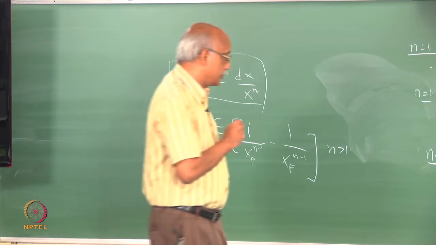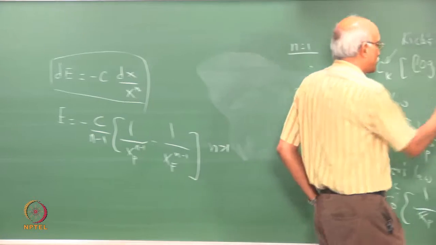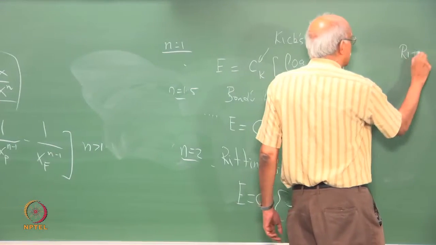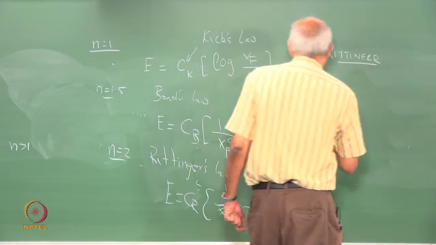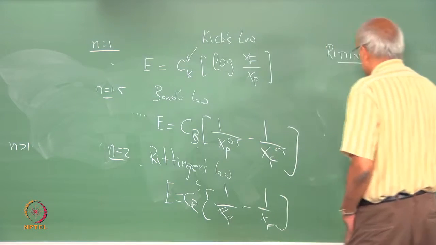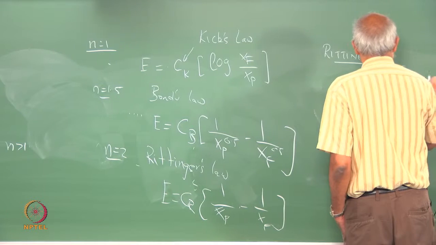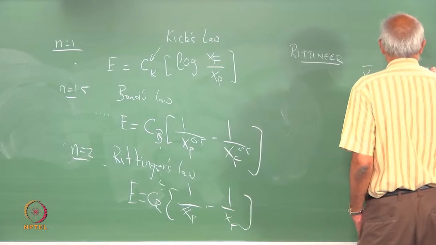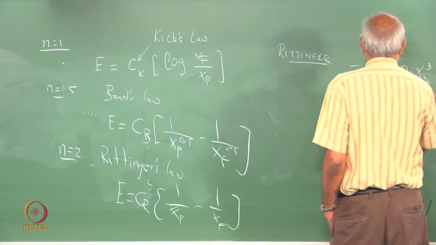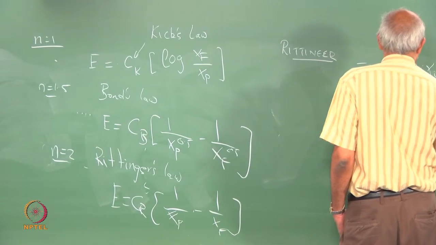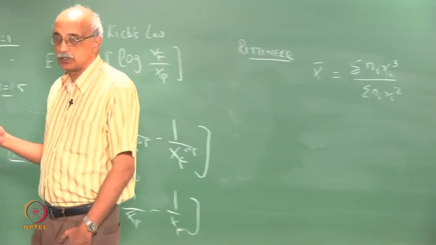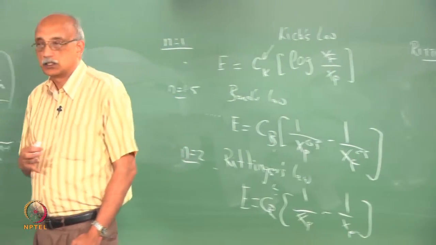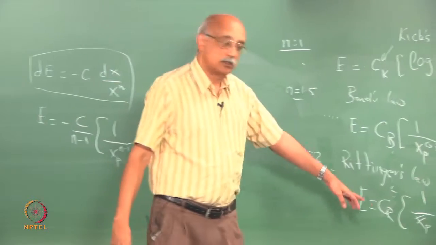So, in case of Rittinger's law, the relevant x bar is summation ni xi cubed over summation ni xi squared. So, volume to surface mean diameter is taken because there is no single diameter, right.